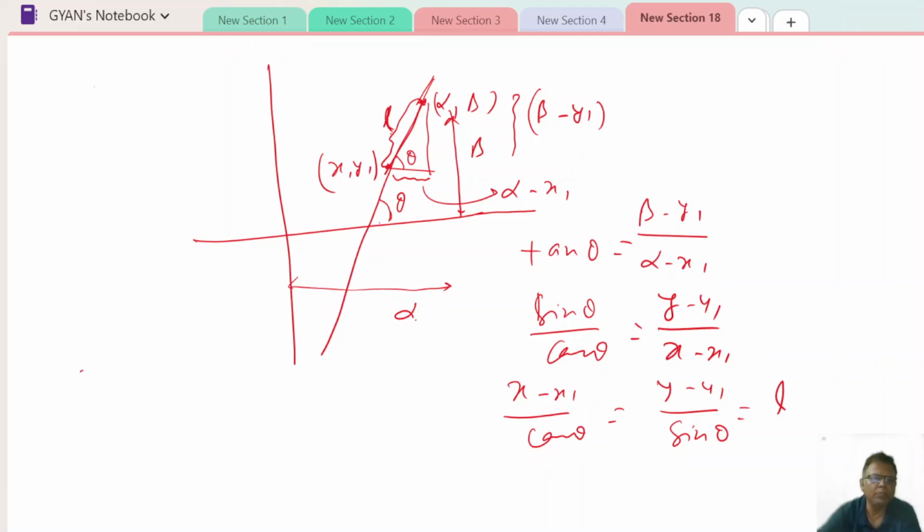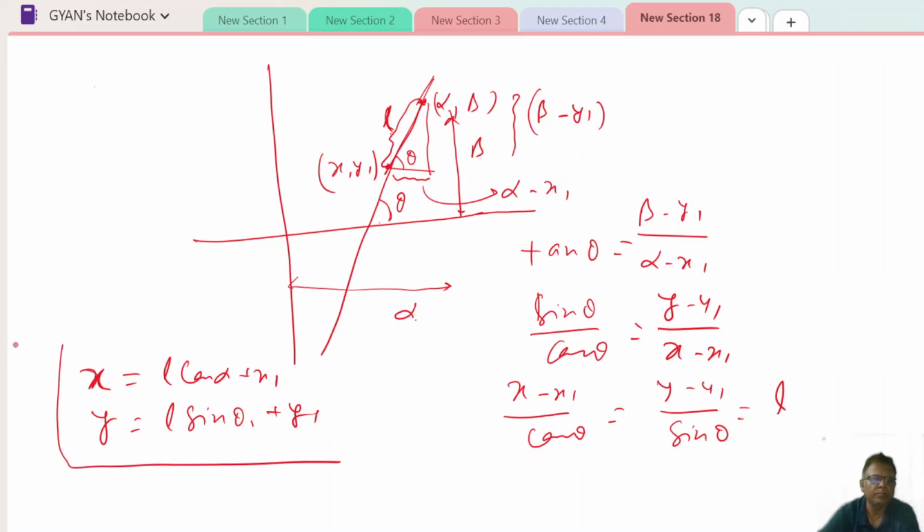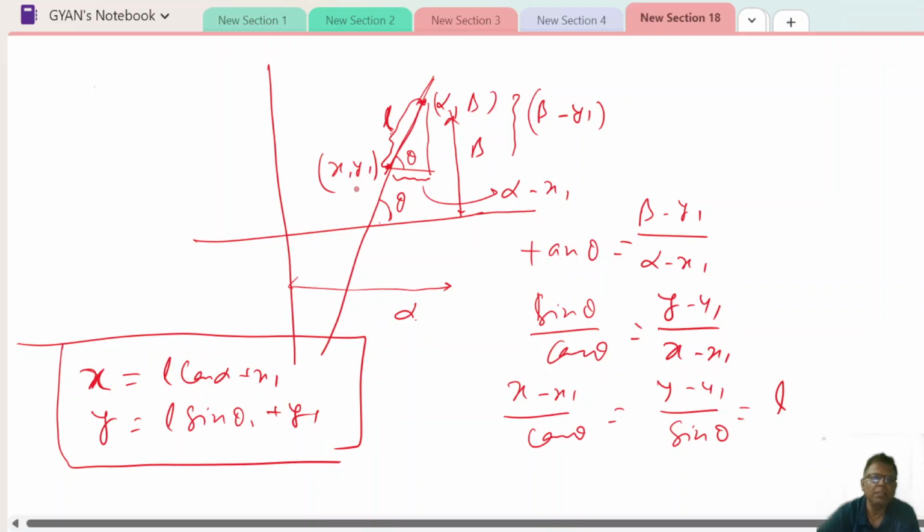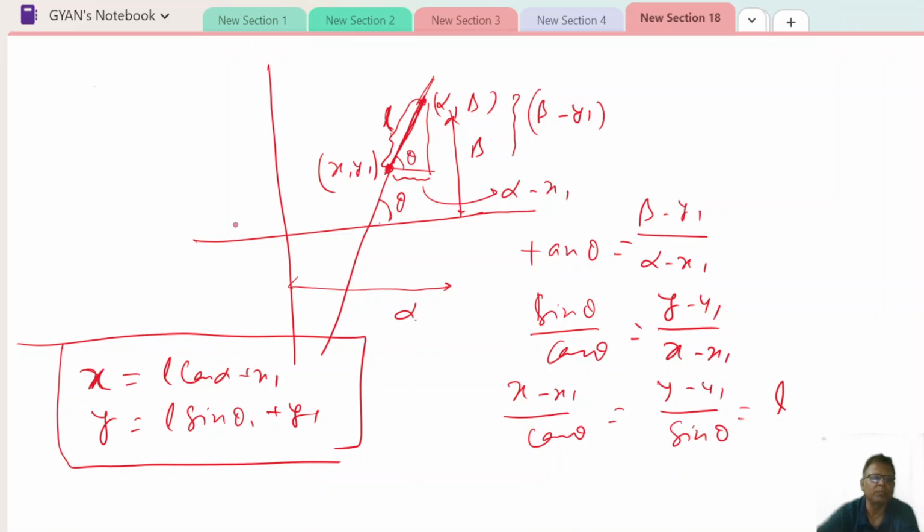So if you have to write the coordinate of any variable point, then x is equal to L cos theta plus x1 and y is equal to L sin theta plus y1. So this you can utilize. What is L? L is the distance between that fixed point and the other point which you want to find out. So this is also very important. So these are the equations of a straight line. This is very important.